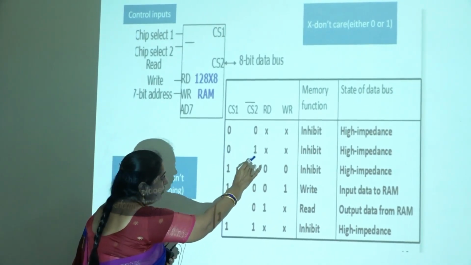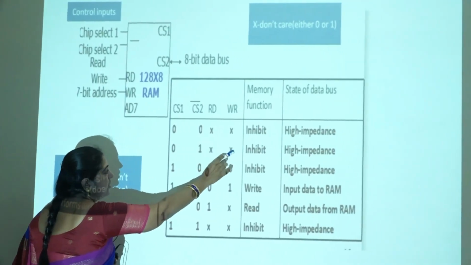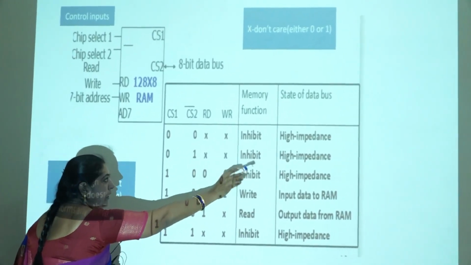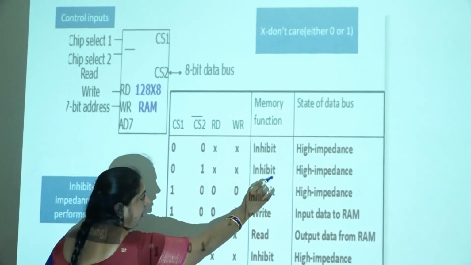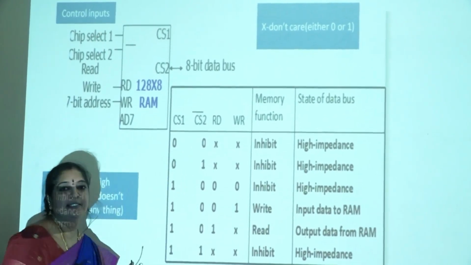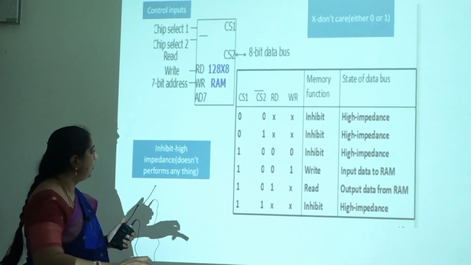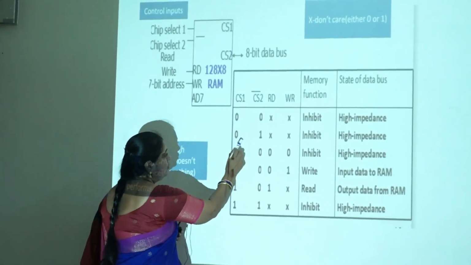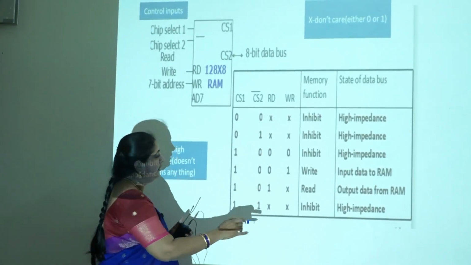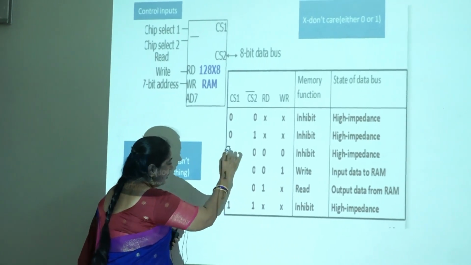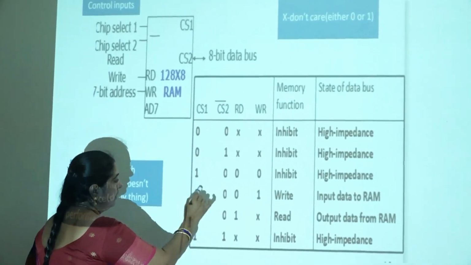When it is 0, 1 also, whatever the condition of read and write, we have inhibit and high impedance, that means we are not doing anything. It is idle. If it is 0, 0 or 0, 1, we are not doing anything. If it is 1, 0, the main portion works on 1, 0.